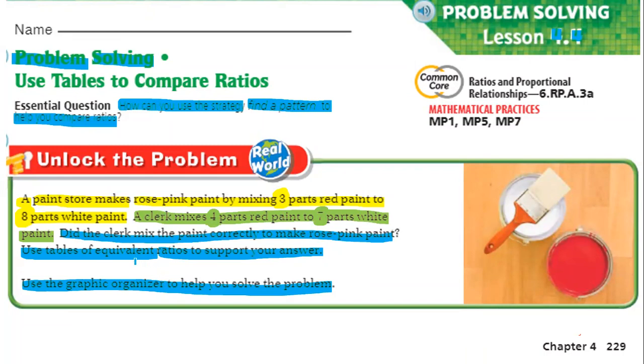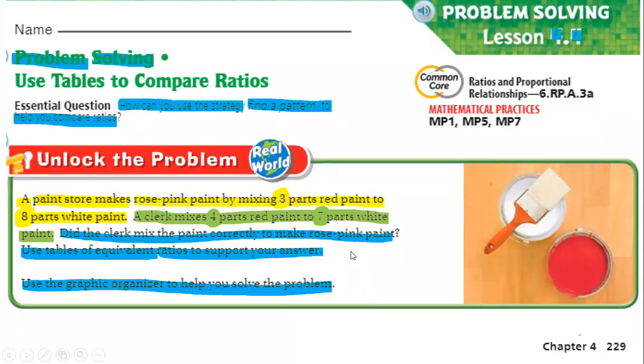In that question, in the blue highlighter, it says, did the clerk mix the paint correctly to make rose pink paint? Use a table of equivalent ratios to support your answer.